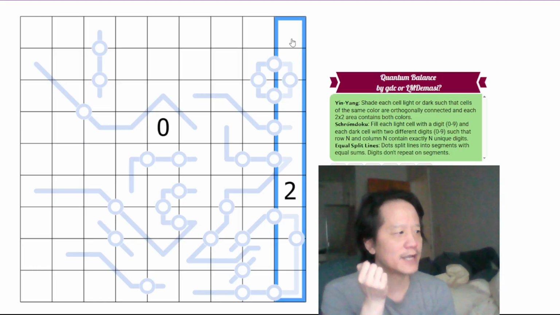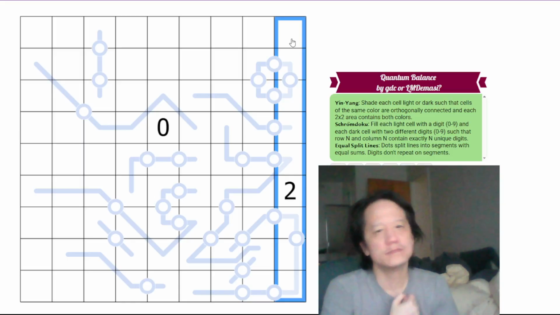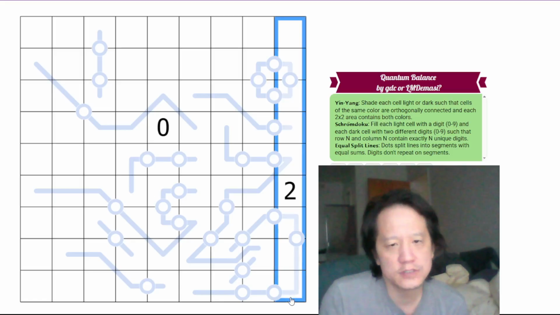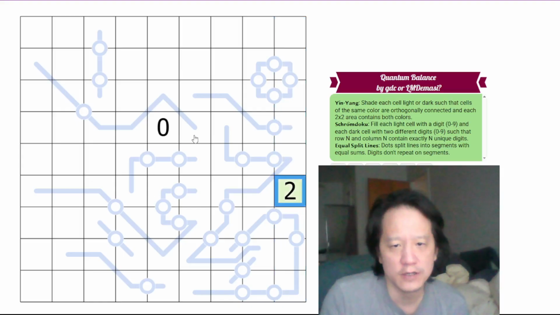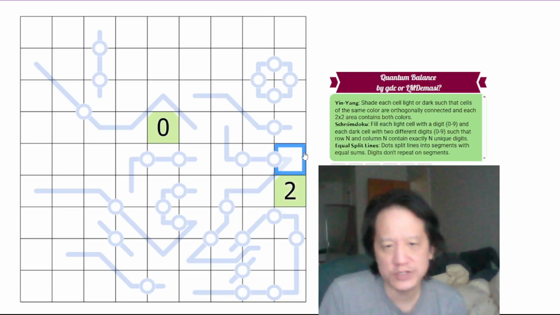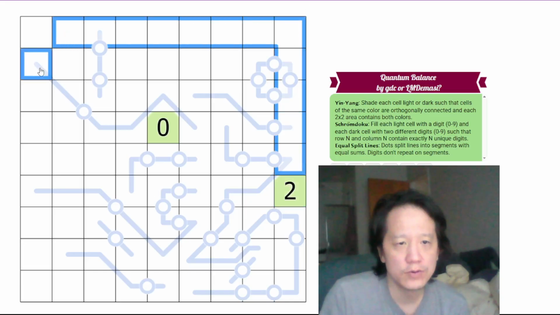You could technically have all of these be blue. Well, okay, so these are green. These are definitely light because there's single digits there. But technically, the rest could be all blue, right?